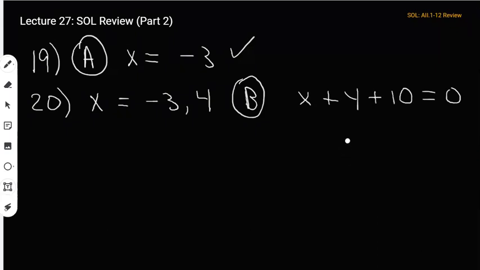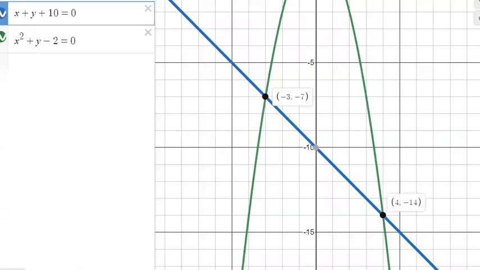To get y by itself, I would have to subtract the x and the 10, and I get y equals -x minus 10. That's the line in blue that I graphed. And then the next equation tells me that x squared plus y minus 2 equals 0.